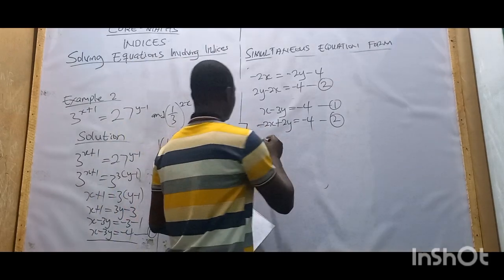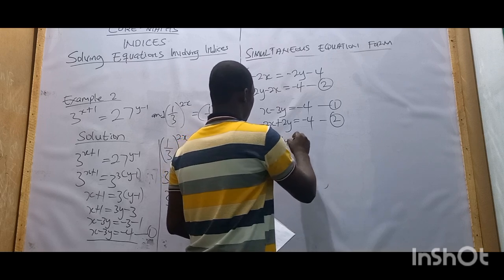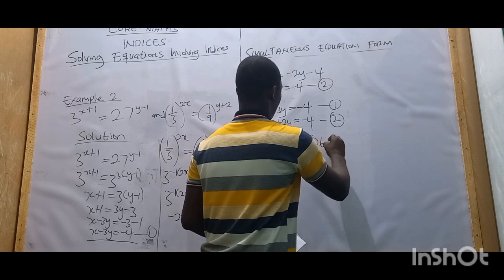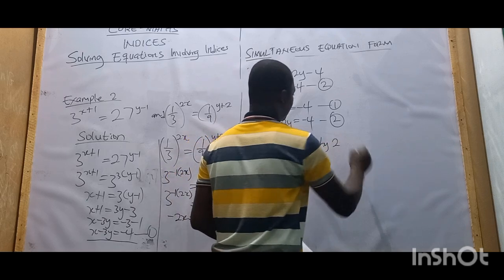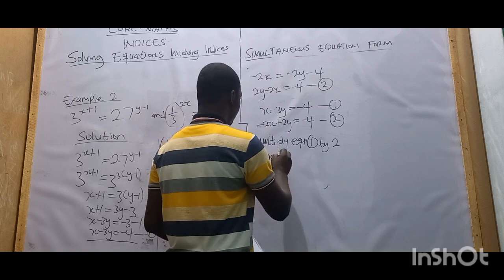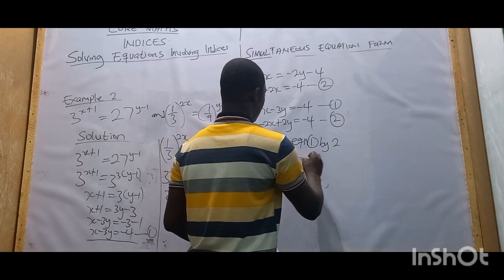So multiply equation 1 by what? 2. Right, so I'll get 2x minus 6y equal to negative 8.